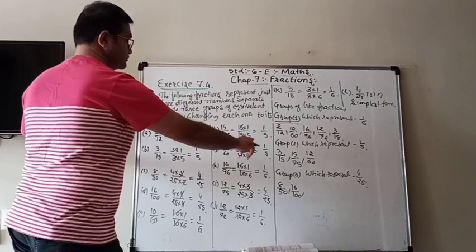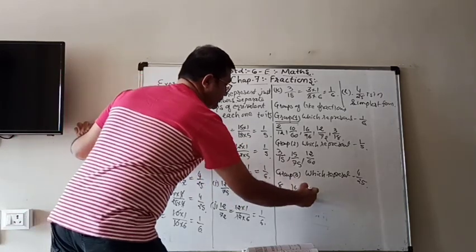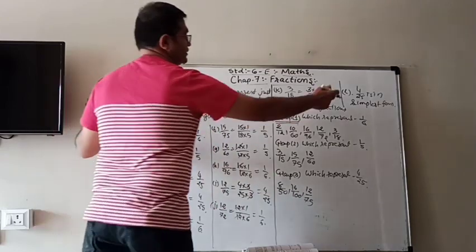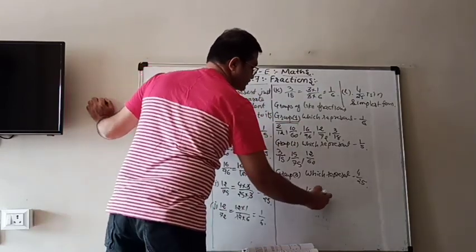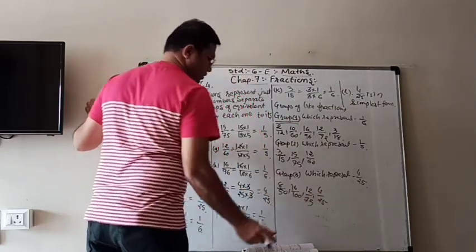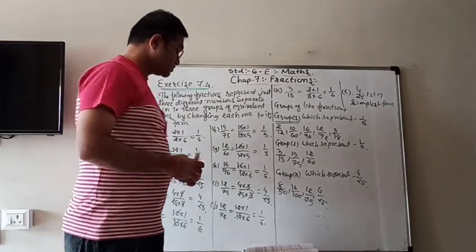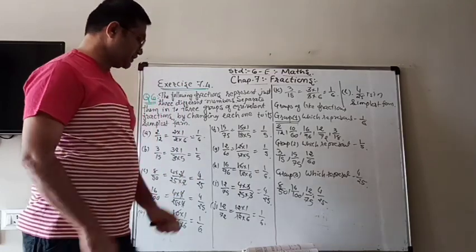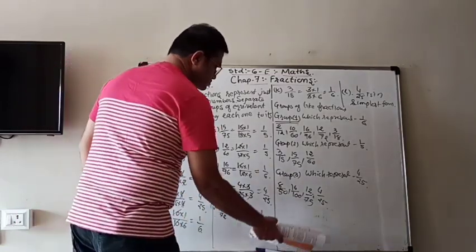Then 12 upon 75 and 4 upon 25 itself. So these are the 3 groups which represent those numbers.